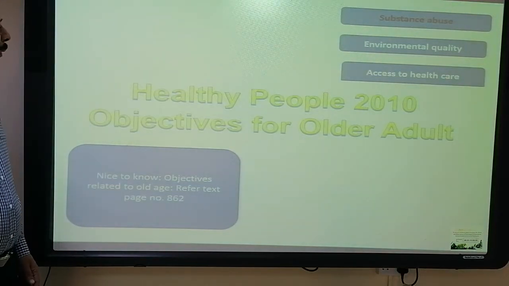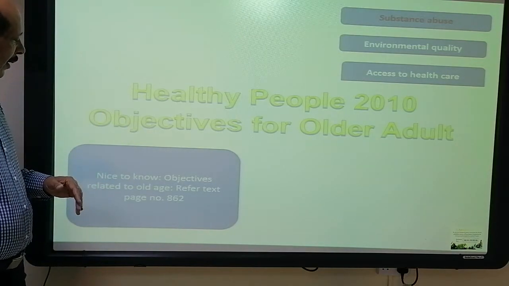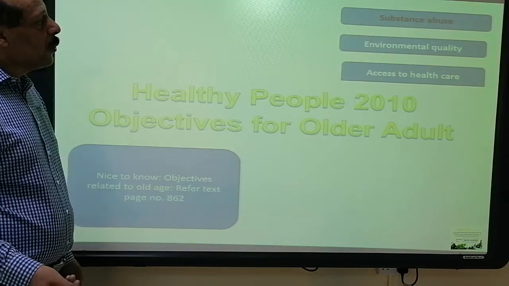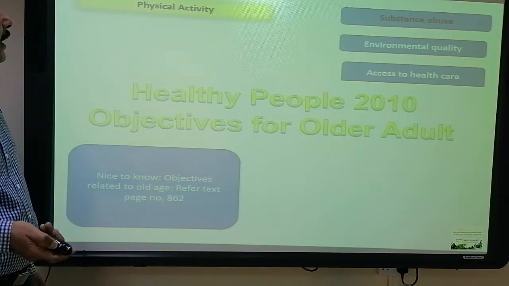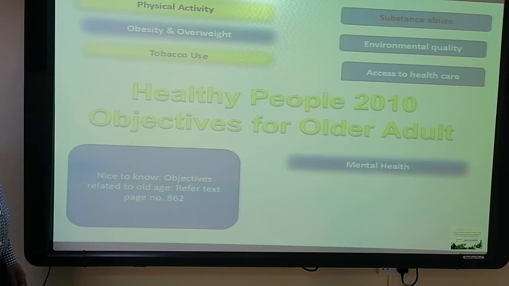The Healthy People 2010 objectives for all older adults include substance abuse, environmental quality and access to healthcare, physical activity, obesity and overweight, some of the problems of old age, tobacco use, mental health assessment and mental health changes, injury and violence.